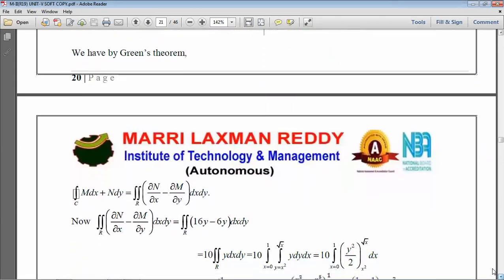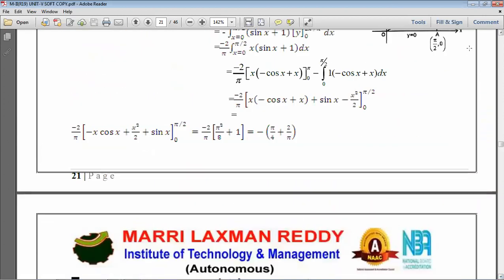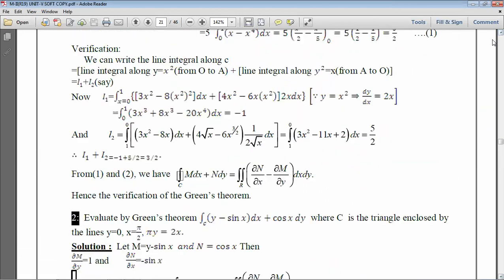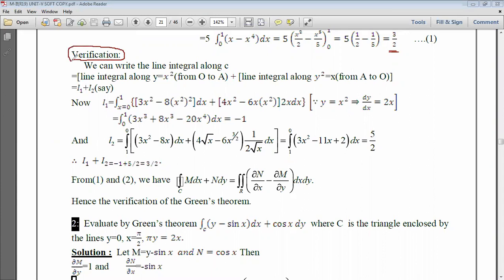So this one only we calculated now, and we got 3 by 2. Now we need to verify whether what we got is right or wrong. So are they equal or not? What we need to verify?